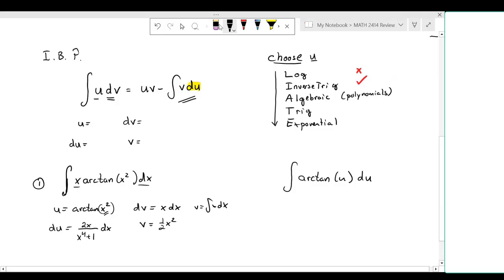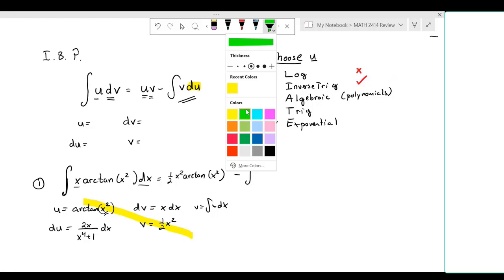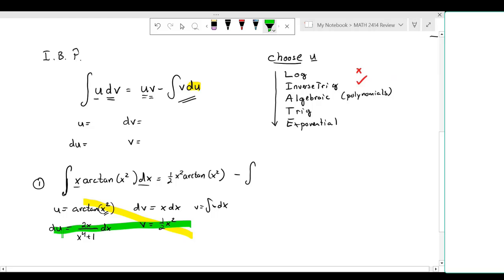So then you would apply your formula, right? We have u times v, and then minus the antiderivative of v times du.